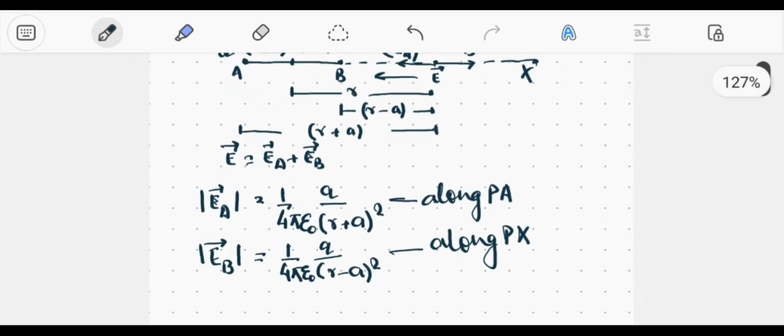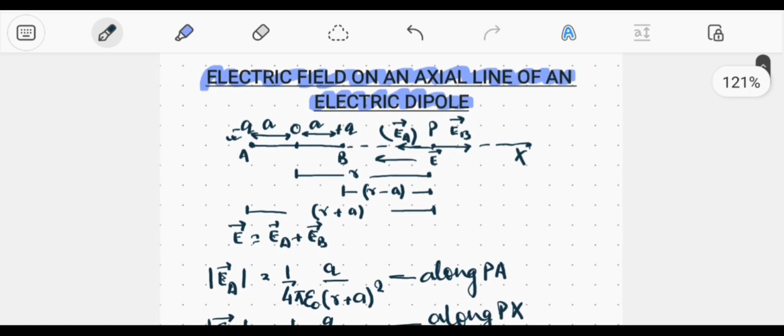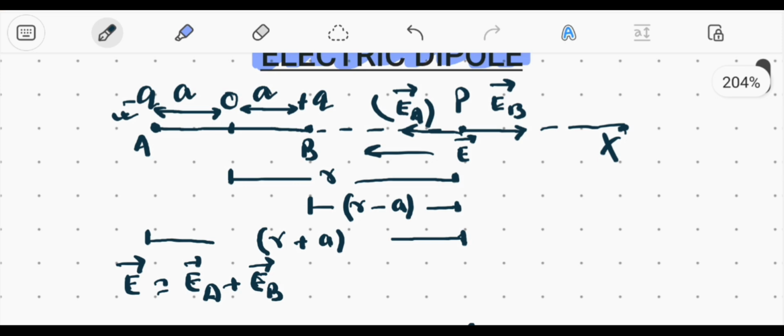Now we can see here that point B is closer to point P as compared to point A. Therefore, from the figure, the intensity due to point B, the positive charge, will be greater than the intensity due to point A, the negative charge.